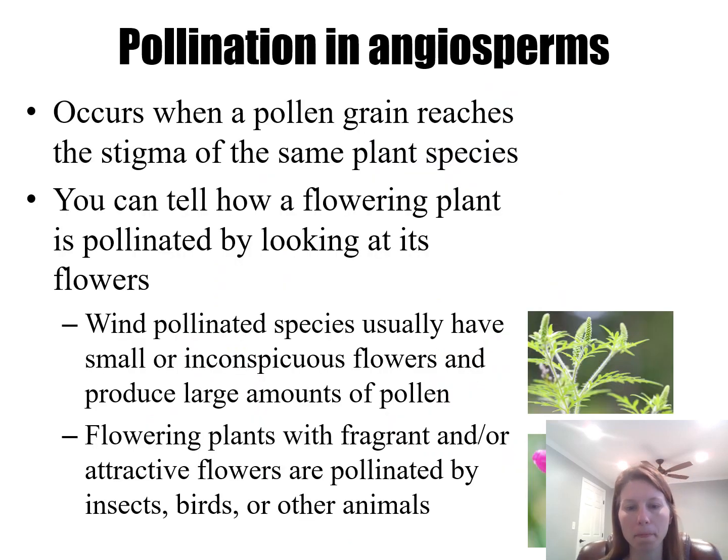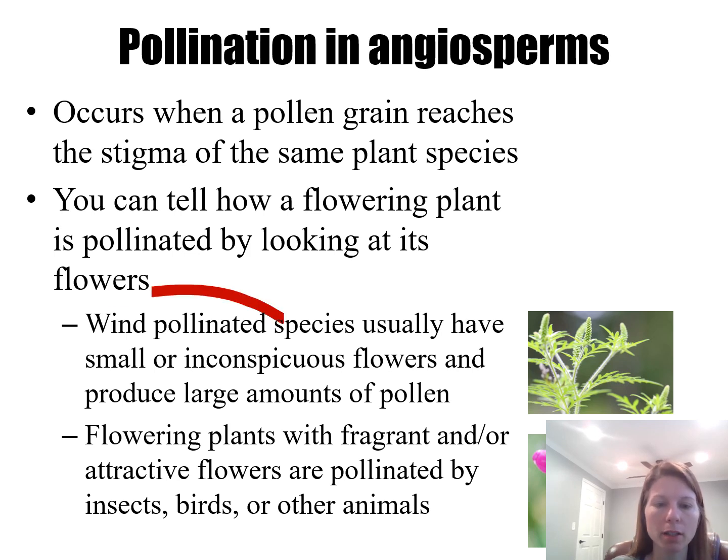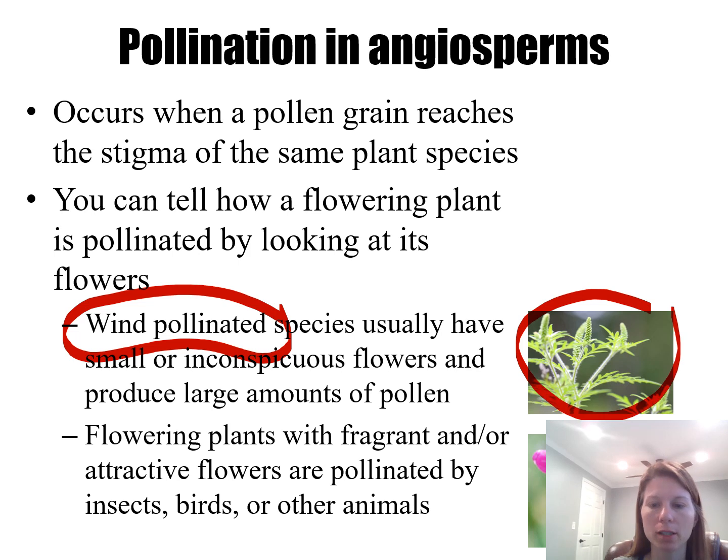Pollination occurs whenever pollen lands on the stigma of a neighboring plant of the same species. And plants look different based on how they're pollinated. So wind-pollinated species have really small, inconspicuous flowers, and that allows for wind to better reach the anthers and blow that pollen away to a neighboring plant.